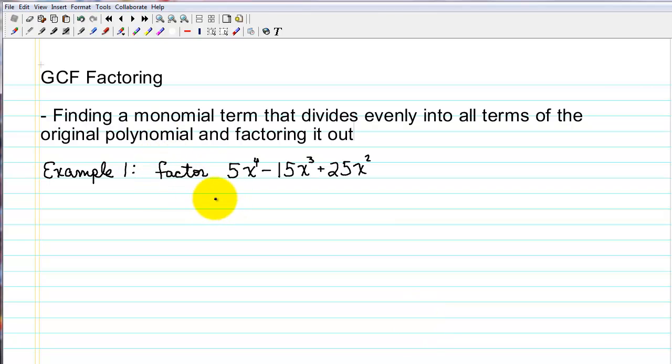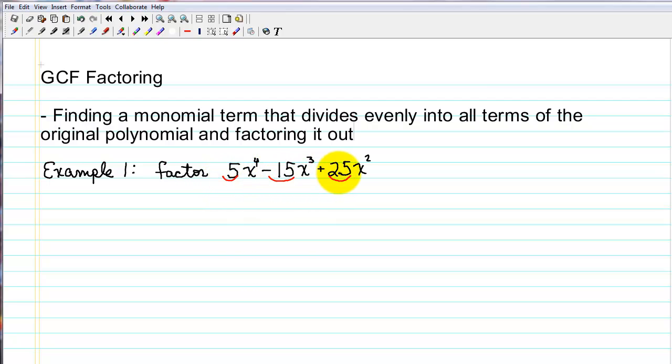So to do GCF factoring, we will be looking at our terms. So we have one term, second term, third term, and we're looking at, is there anything that divides evenly into all of those? So we have to look at our coefficients and ask ourselves, is there a number that will divide evenly into those? And for this one, I made the numbers easy.